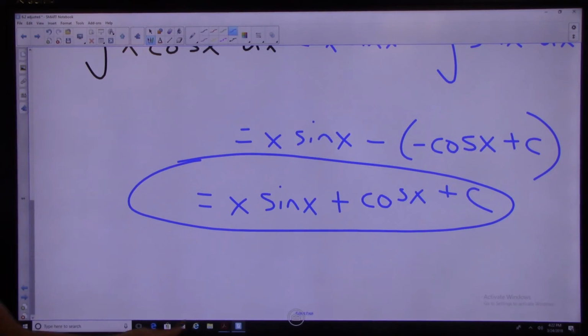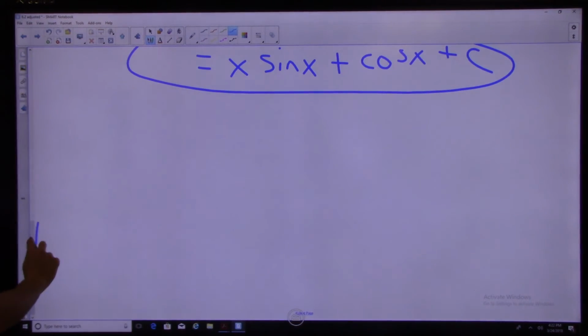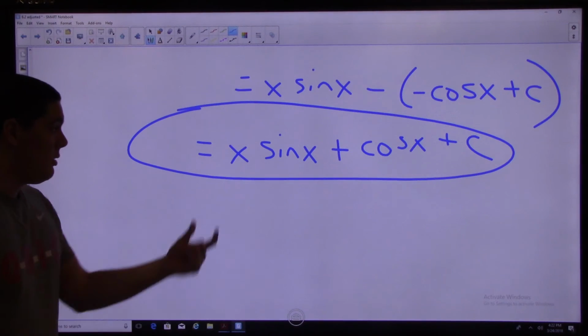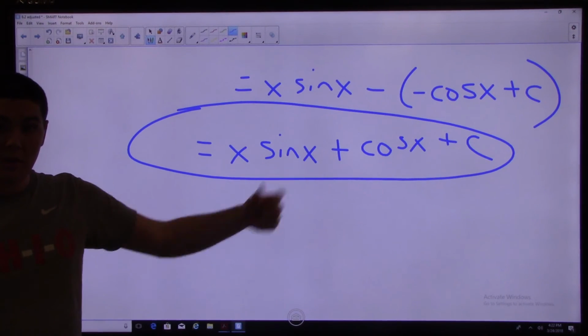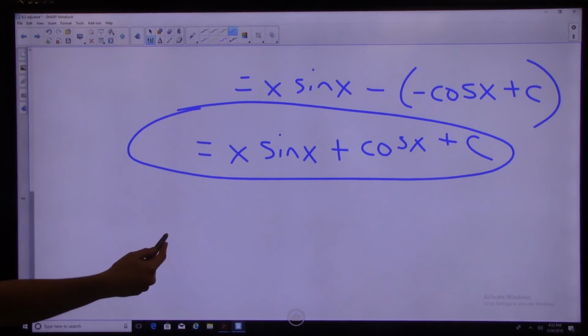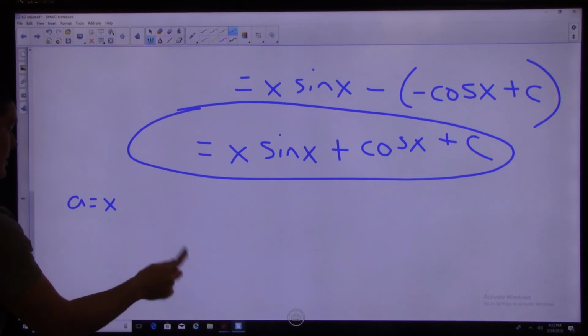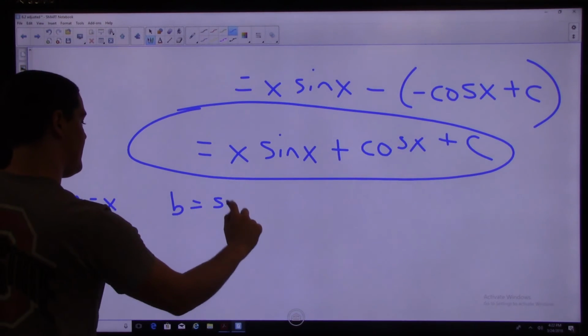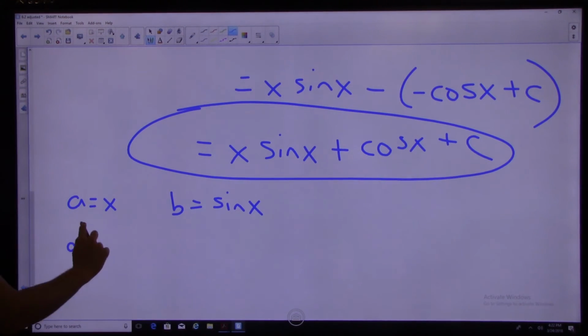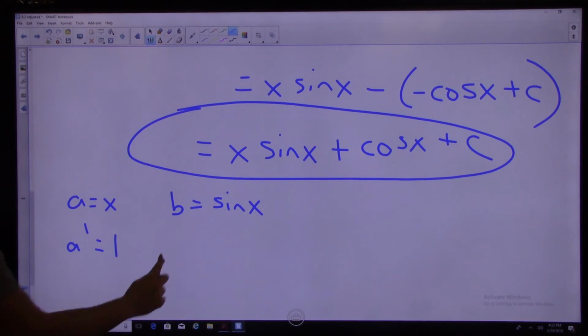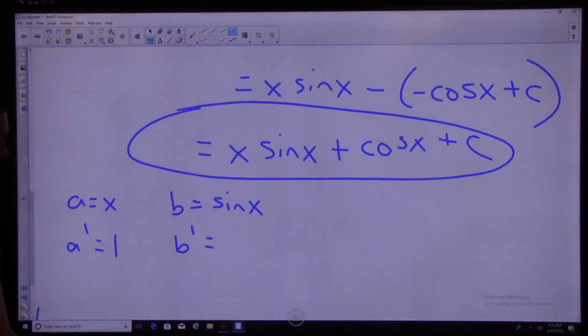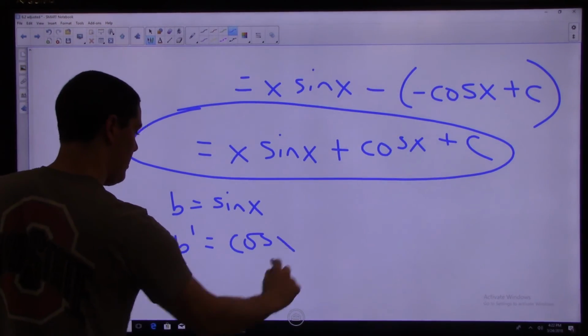So here we go. If I want to take the derivative of this first term, we have something times something, don't we? So we have to use the product rule. Remember, we called it ABBA, so let A be x and B be sine x. A prime would be what? Well, that's just 1. B prime, what's the derivative of sine? The answer is cosine.